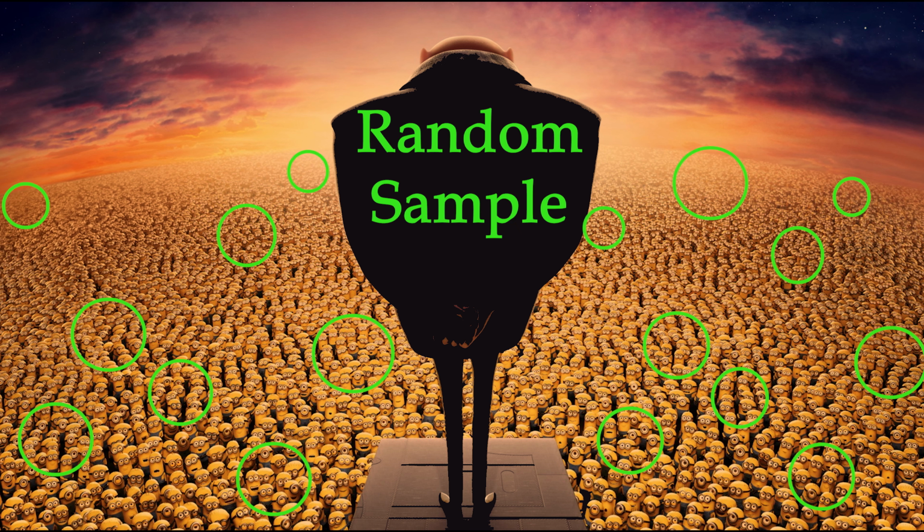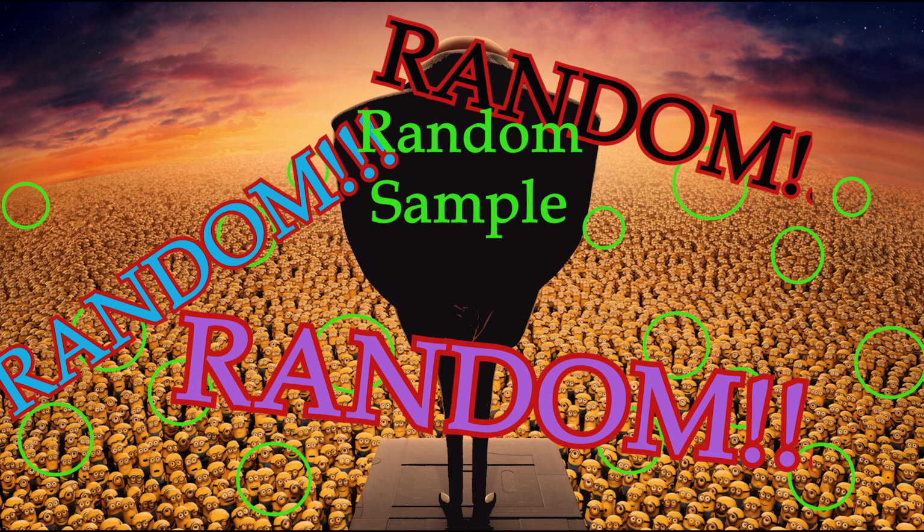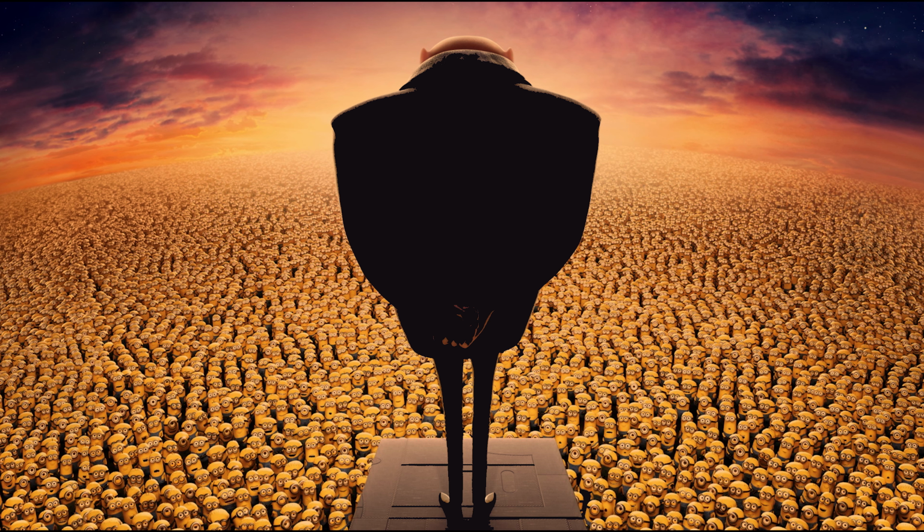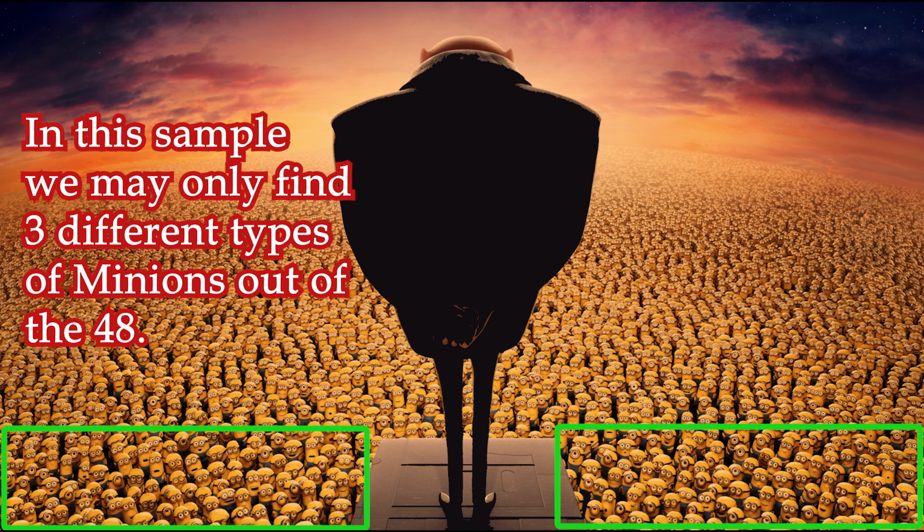The key word here is random. If your sample is not random, the conclusion drawn from your data may have no bearing. For example, if we decide to take only the minions in the bottom of the screen closest to us, our sample may lead us to a conclusion that there are only 3 types of minions. Now, why does that happen?